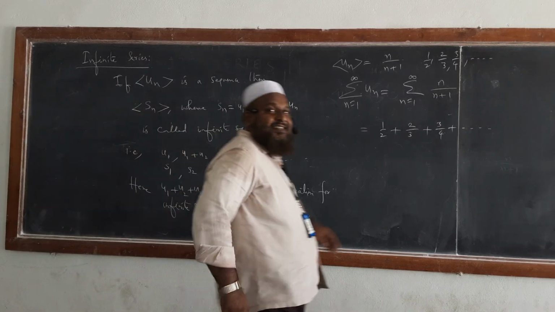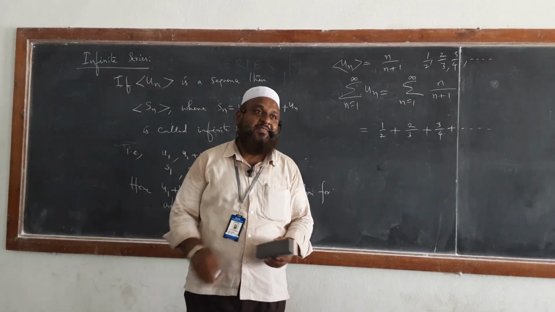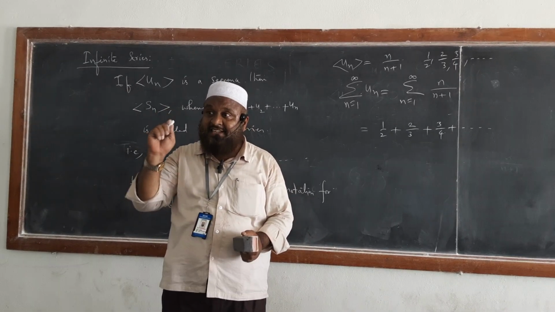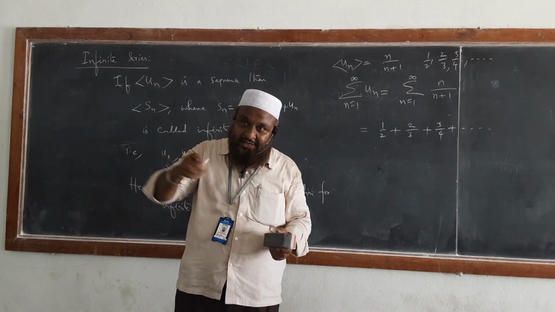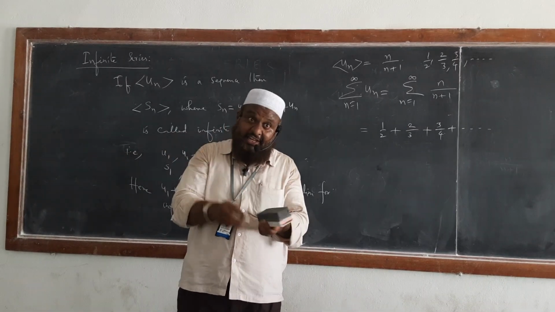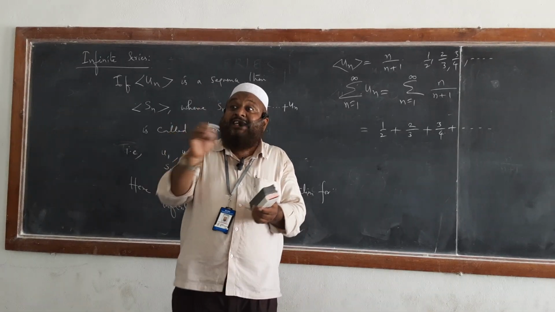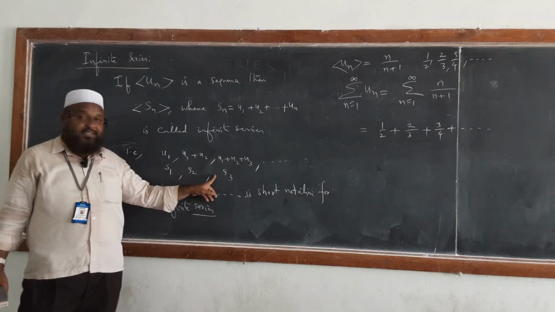Over. Leave it. So this is nothing but an infinite series. Once we say infinite series, is it a sequence or not? Be careful about these two terms. An infinite series is, however, a sequence. That sequence is S1, S2, S3, so on.